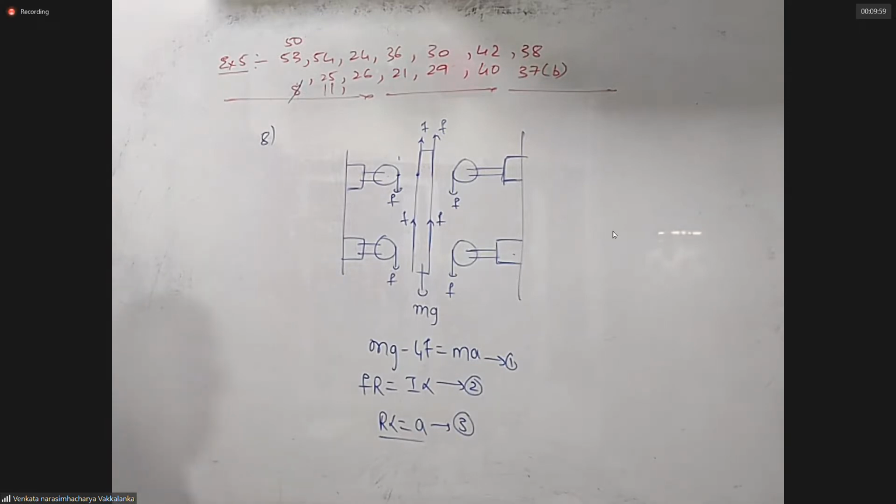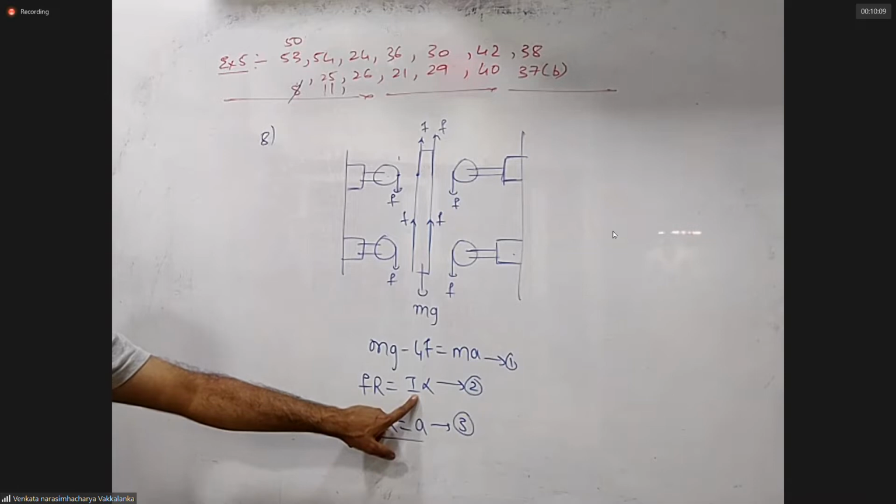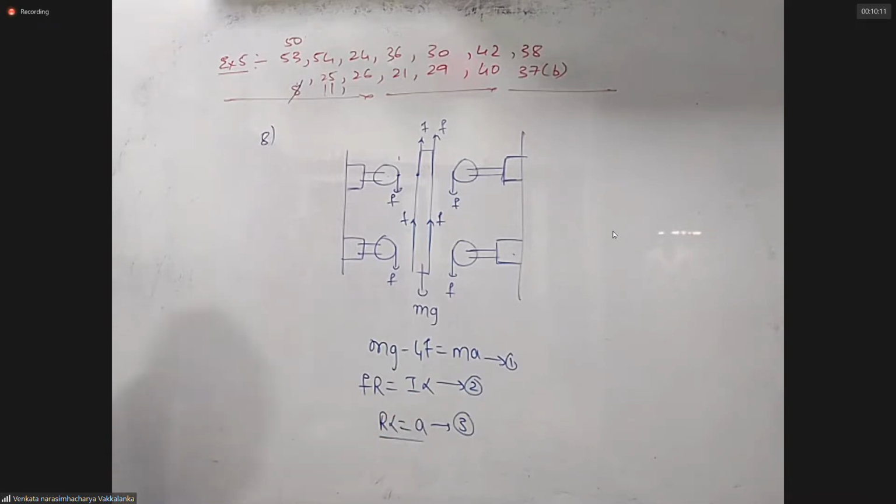Mass m dash of the disk is negligible. All those conditions you will get from this. Bar is negligible, make this 0. Moment of inertia of the disk is negligible, make this 0. So you know what all conditions you have to apply. These are the general equations. If he says any mass is negligible, make the mass of that 0.